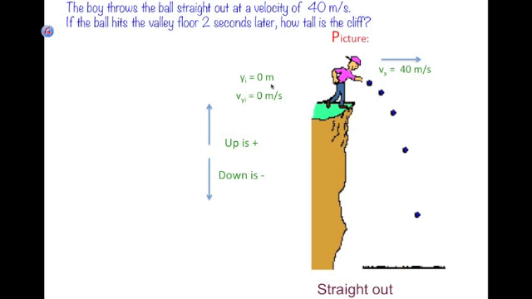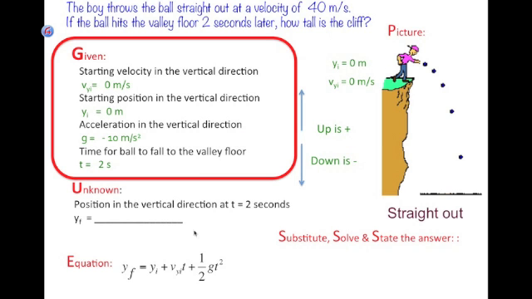So I'm going to start with a velocity in the y direction of 0, and I'm going to start with my starting position as 0. Down is negative. So in this case, I have two pieces of known information that are 0, the starting position and the starting velocity in the y direction, and I know it takes 2 seconds for the ball to strike the floor.